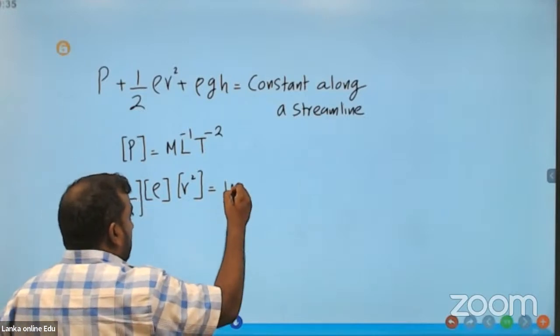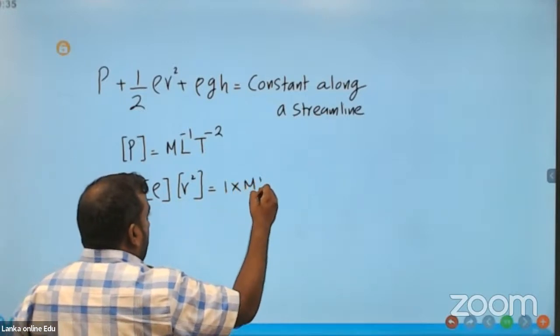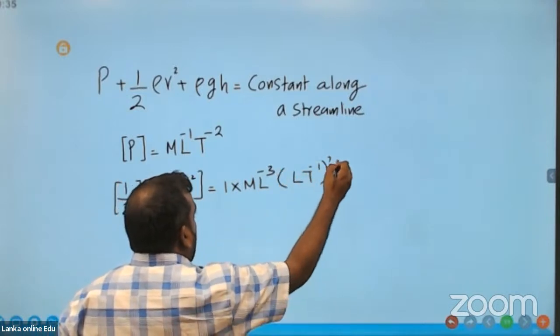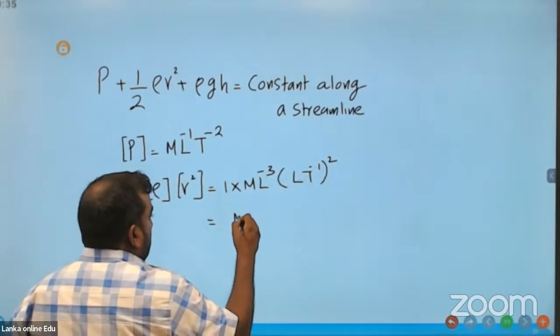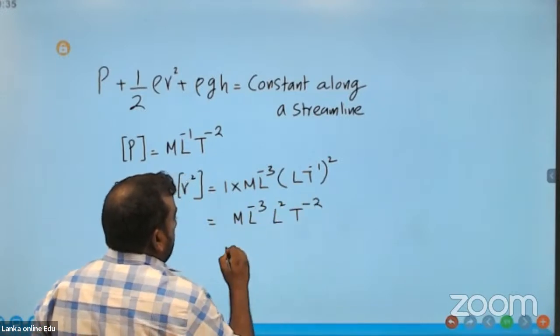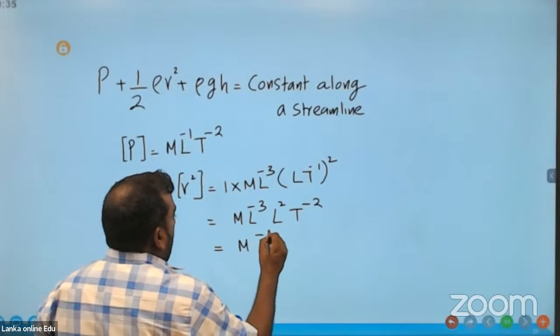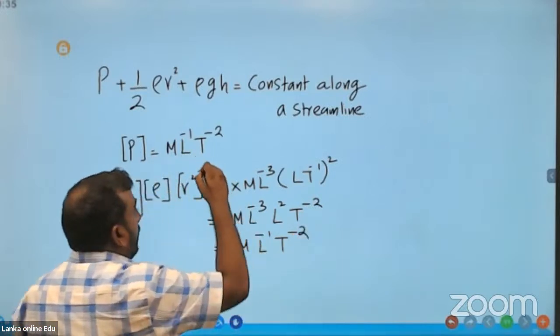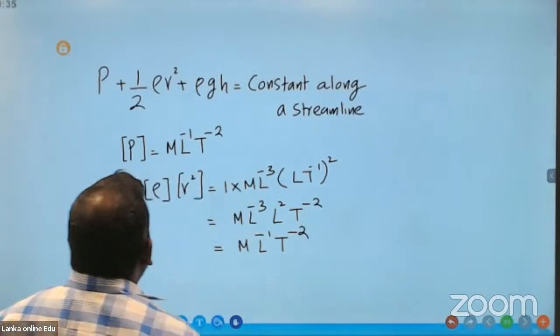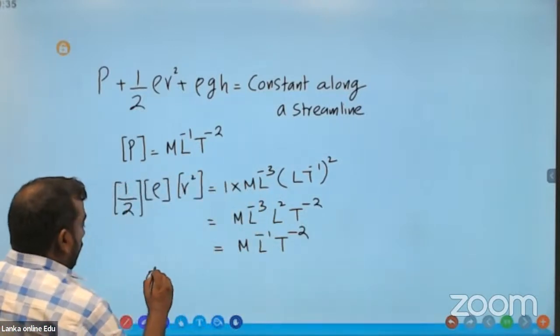Half is dimensionless. Rho density is M L^-3. V velocity is L T^-1, squared. Simplify this: M L^-3, L squared T^-2. Simplify it: M L^-1 T^-2. You can see it's the dimensions of pressure. Similarly, you can say rho GH.